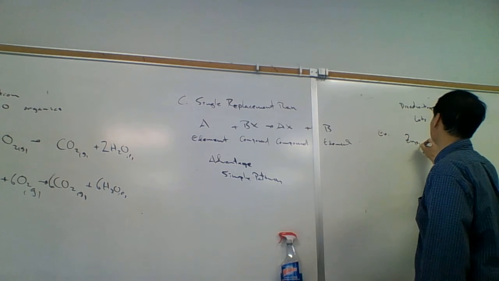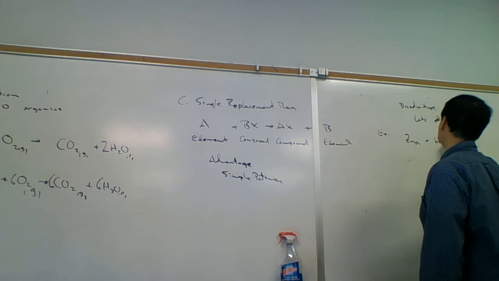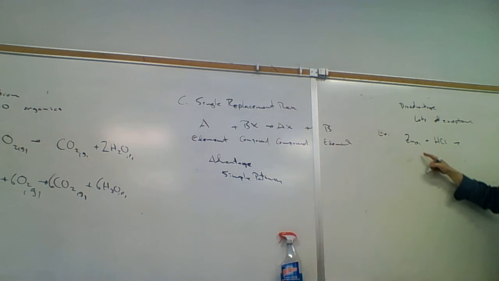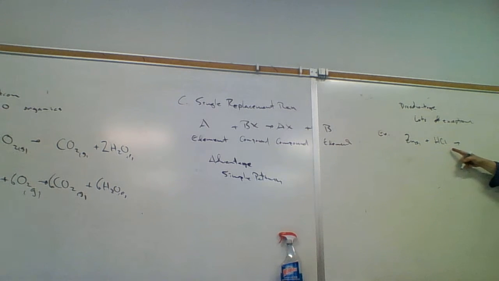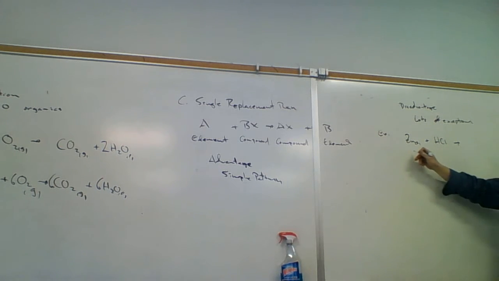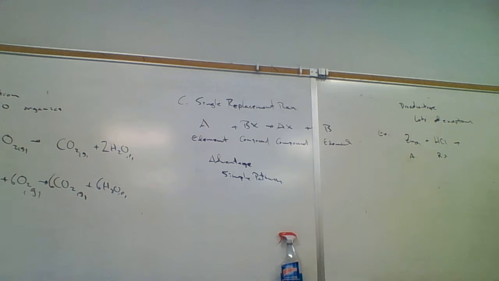Zinc solid plus hydrochloric acid. Here, I have an element, the element zinc metal, and I have a compound, hydrogen chloride, which makes hydrochloric acid in aqueous solution. And so this is my A plus BX. A plus BX yields AX, the compound, plus B. AX would be the zinc. What is zinc's charge?